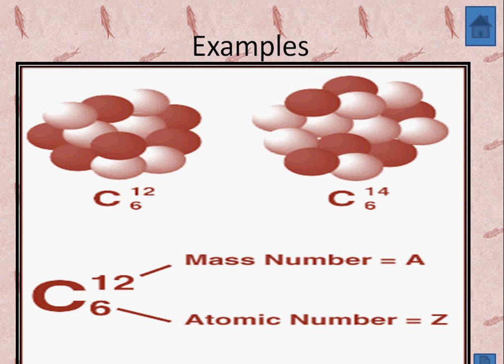C14 is the radioactive isotope, which is actually used in some archaeological and medical sciences research projects, where the number of neutrons is differing from the number of neutrons in the C12. Here it is 8 neutrons, here it's 6 neutrons.